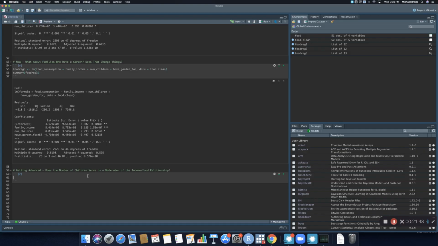So I describe this a little bit more in the handout. So if you want my not off the cuff explanation of this, I have that in the actual handout for this week. So long story short, regular regression is what we call additive.